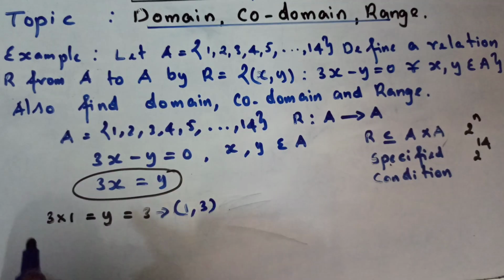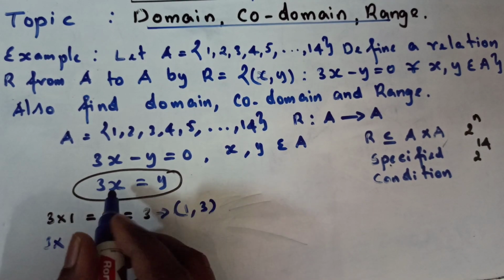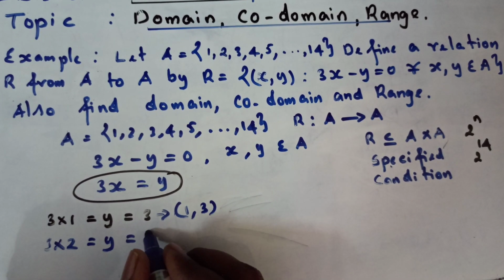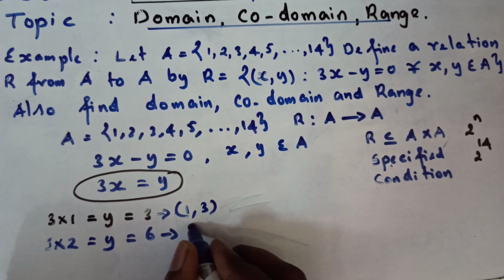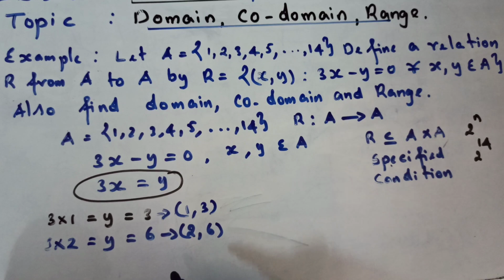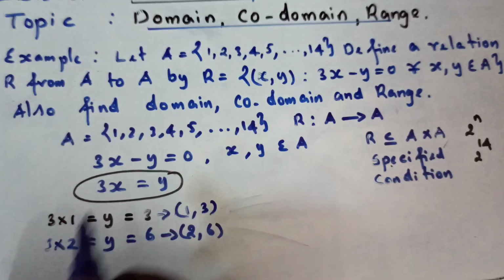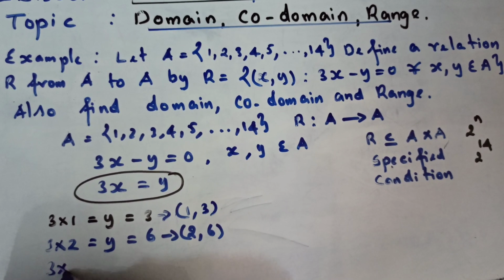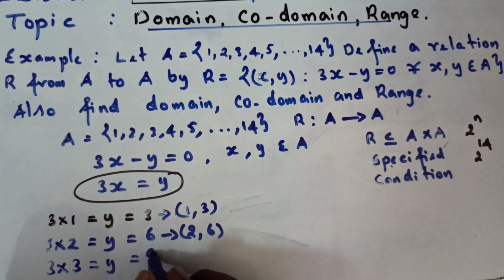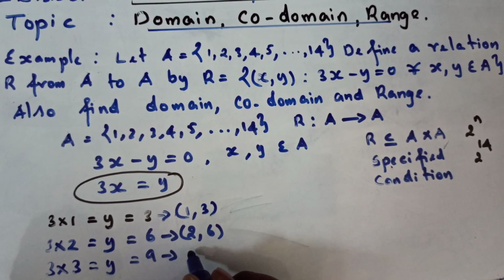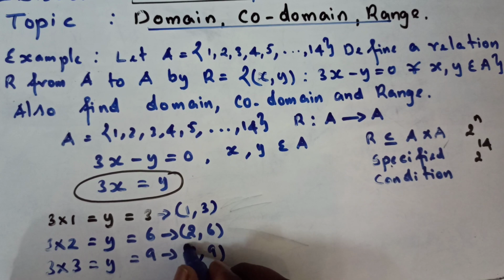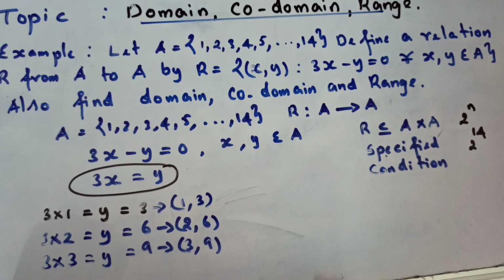Next value is 2. 3 into 2 is 6, so as I input 2, I get 6. Next value 3. 3 into 3 is 9, so as I input 3, the corresponding output value is 9.